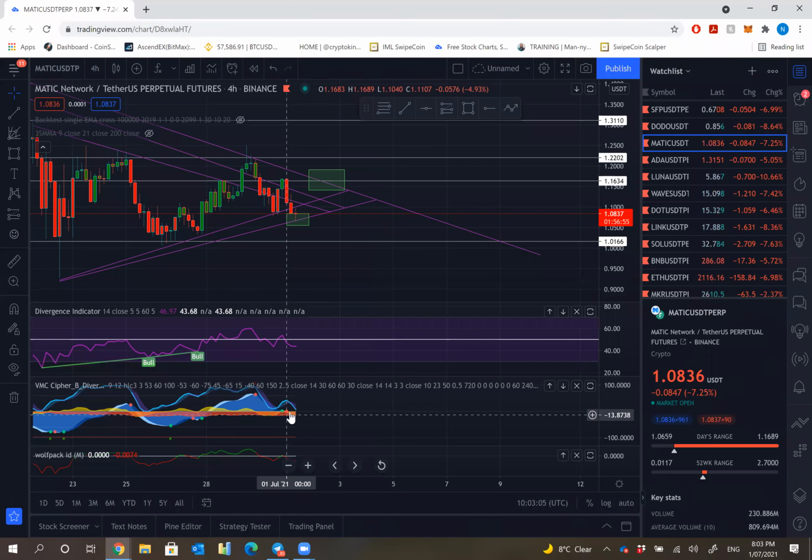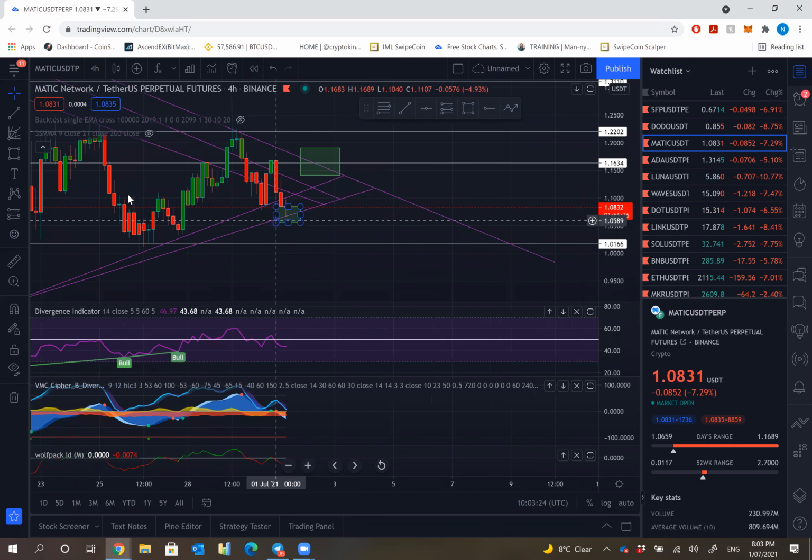So your big red dot means that the market is bearish, so it's heading down. So I wouldn't even think really about entering this trade until I started seeing some green dots print. Some people, if they want to scalp, they can do it on the 1 hour.